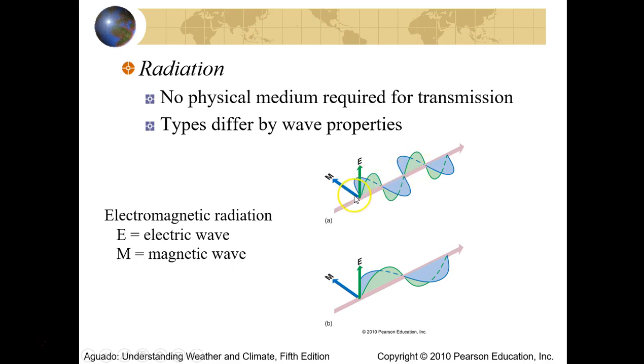So we talk about energy from the sun as short wave or long wave. Short wave radiation is where the waves are very close together, and that gives them a high frequency. Waves that are longer and further spread apart are long waves and have low frequencies. Effectively, electromagnetic radiation is one of the ultimate ways in which energy from the sun both moves into the earth and moves out of the earth.